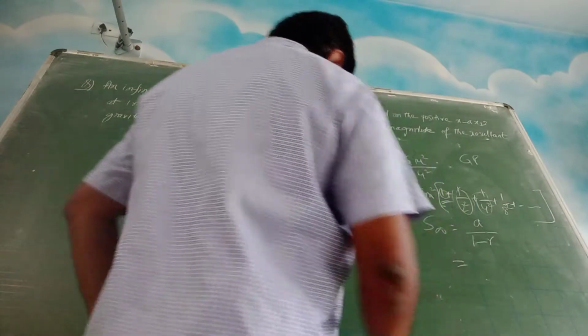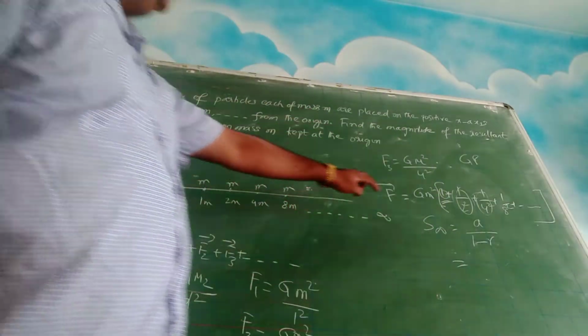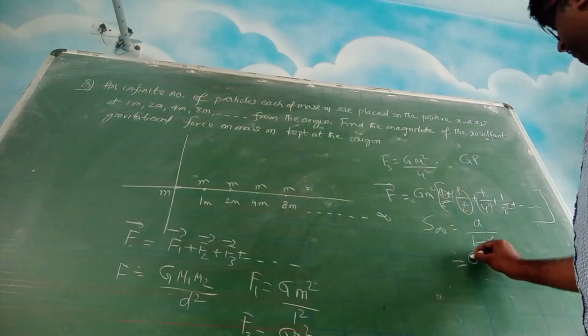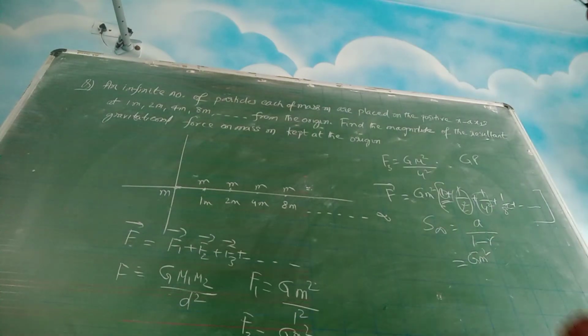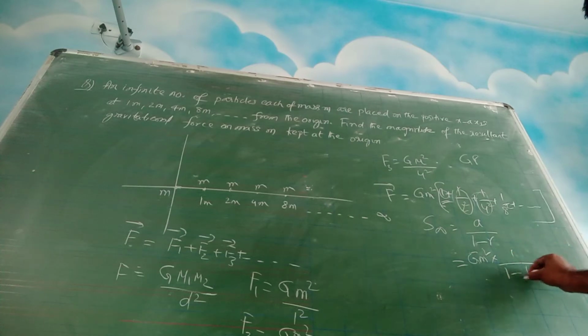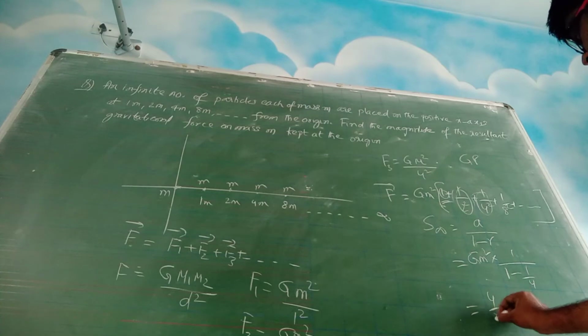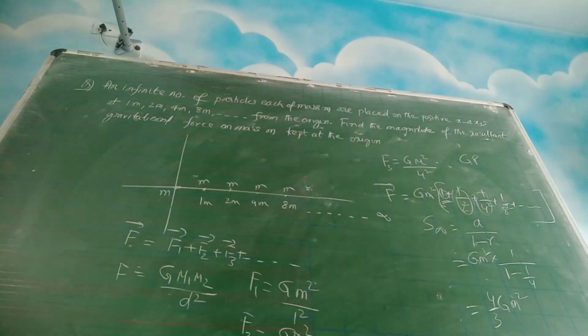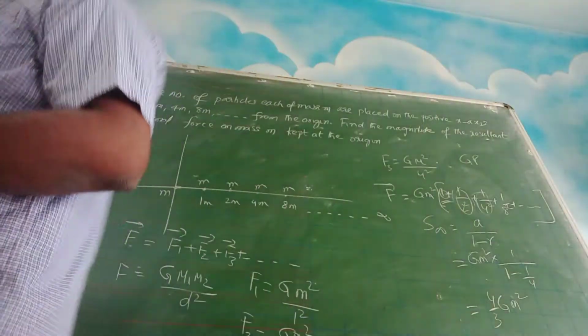Alright. So when you are adding this, G m square is outside, so it is common. So it is G m square multiplied by the first term 1, over 1 minus 1 by 4. So this is 3 by 4, so 4 by 3 G m square. So this is the answer to this question.